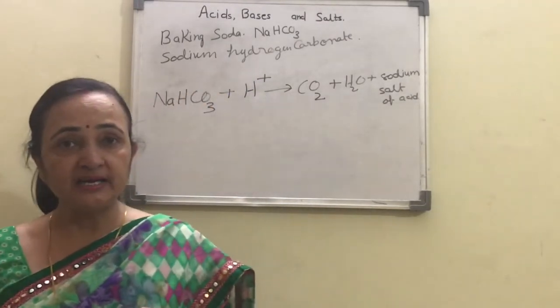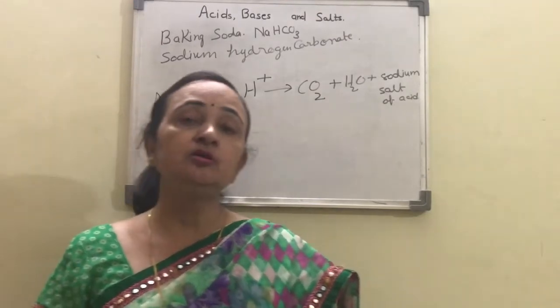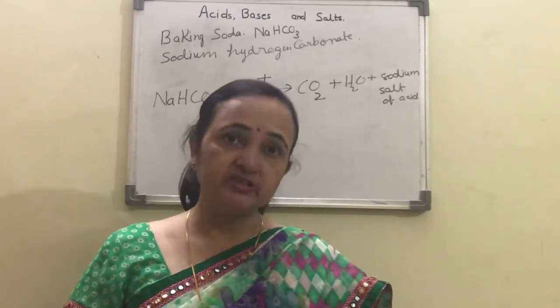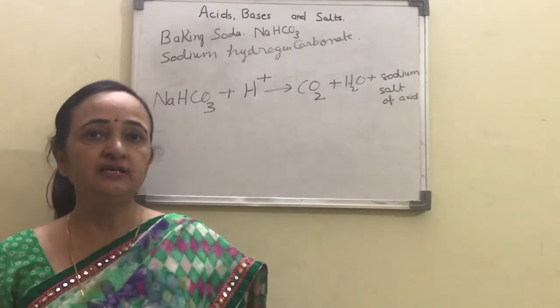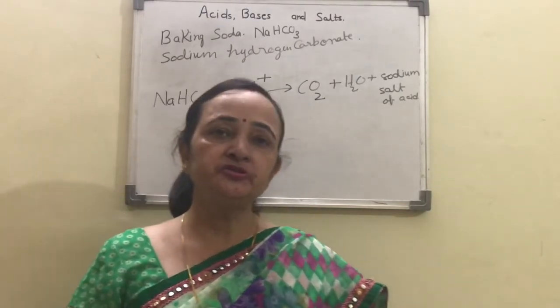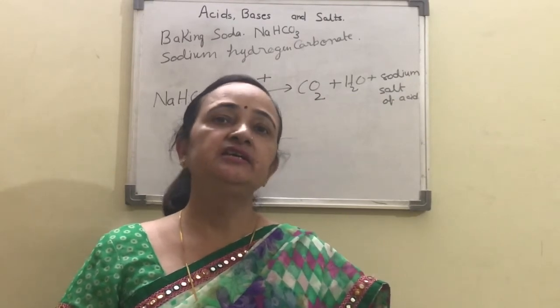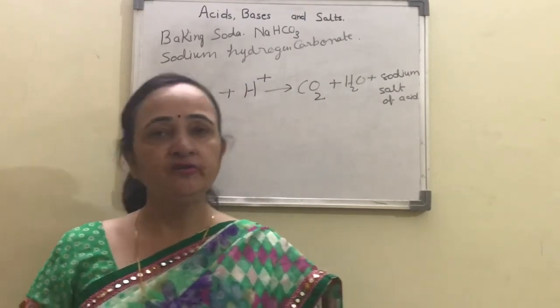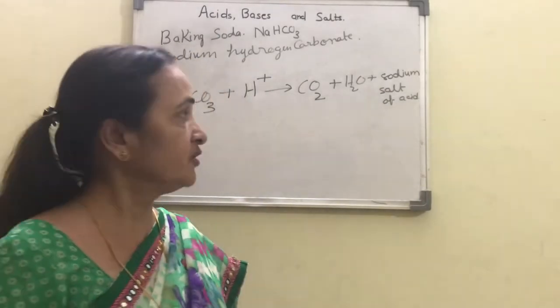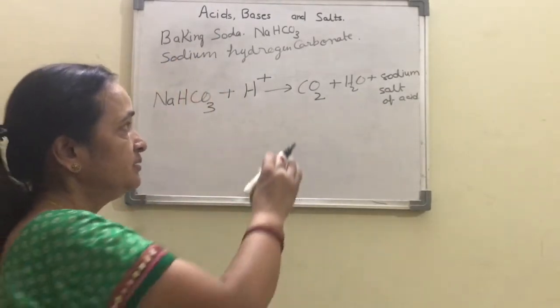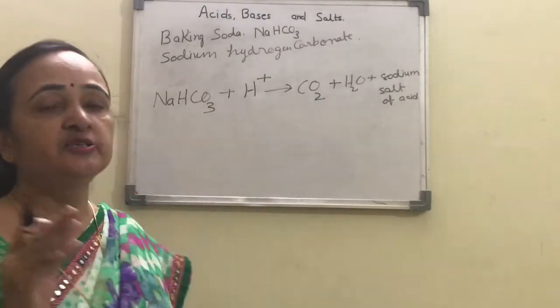So sodium bicarbonate or baking soda is also one of the antacids which can be used to neutralize the effect of acid produced during acidity. So there are three important uses. The first use is in making breads and cakes spongy.